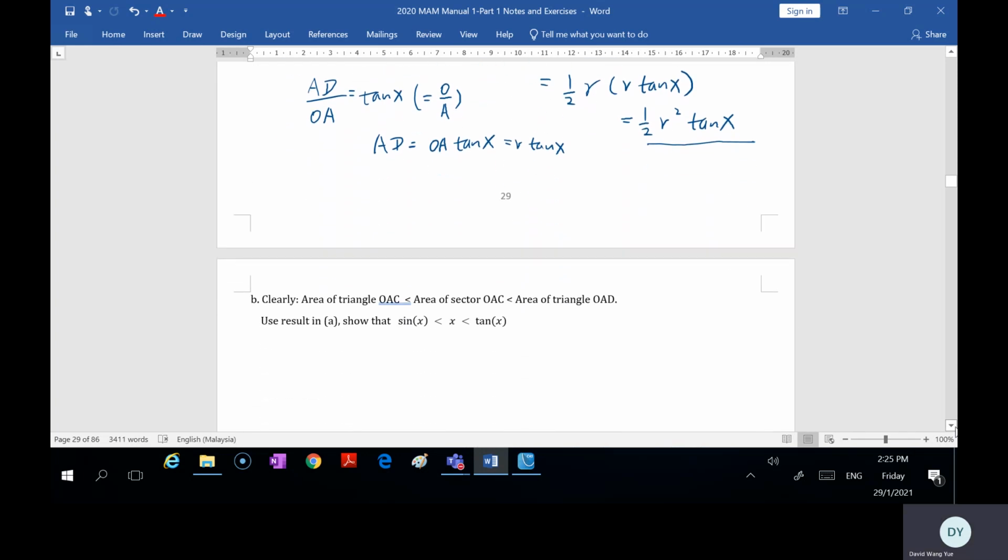Clearly, the area of triangle OAC is less than the area of the sector OAC, and then less than the area of triangle OAD.